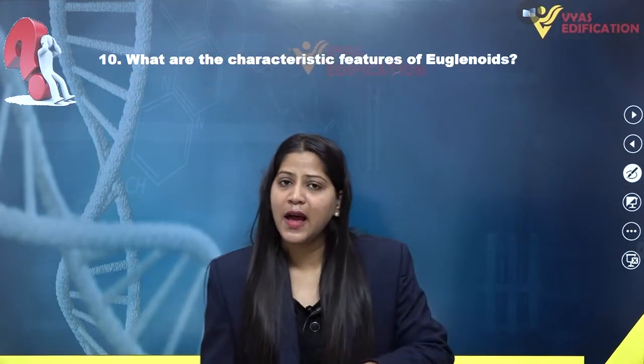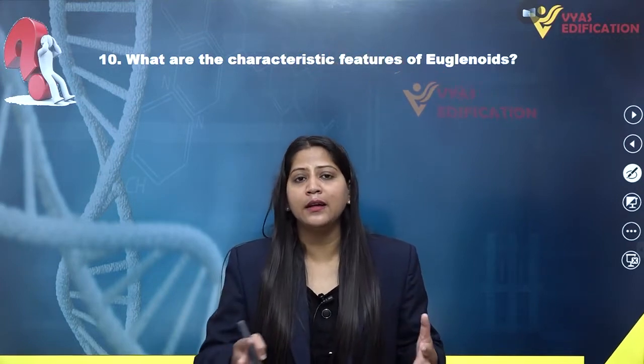But in the absence of light, they can behave similar to heterotrophs. That means they can obtain their nutrition by feeding on other aquatic organisms present in the fresh water.